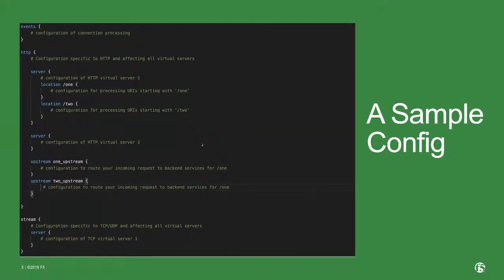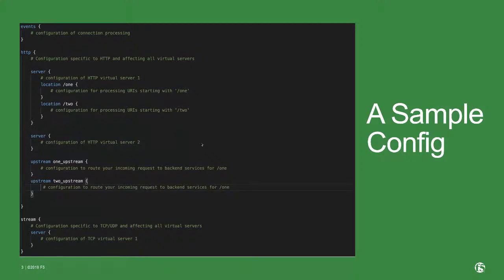A sample config for NGINX: if you place such a config into NGINX, it creates a server, and it serves the request in a way that customers can consume it. As you can see, the high-level config does have events. For today's session, we're not going to look into events. Mostly, we are going to look into HTTP APIs.